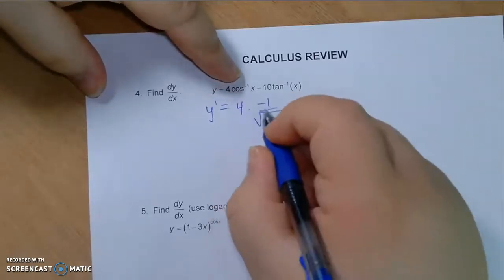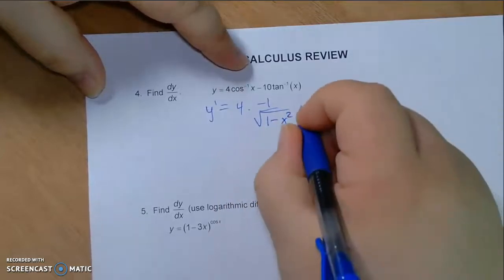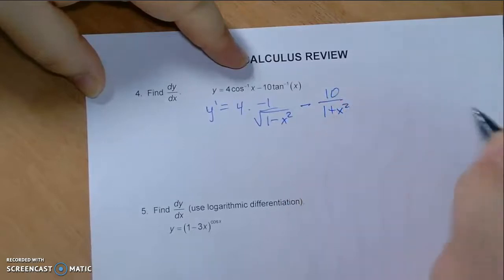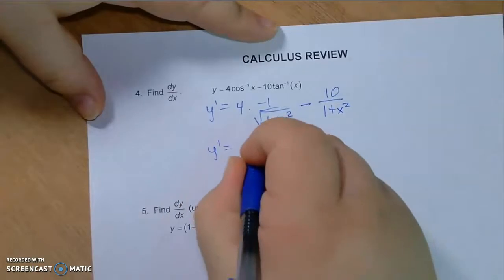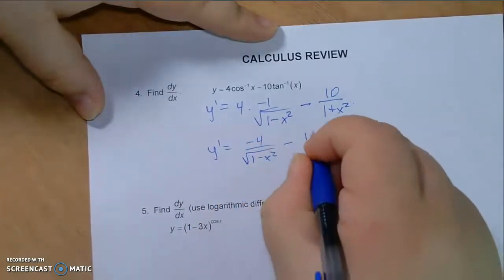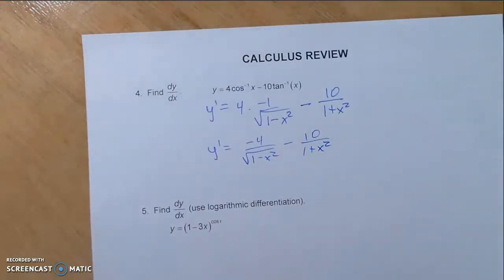So inverse cosine is -1 over the square root of 1 minus x squared. We have minus 10 over 1 plus x squared. And simplifying, there's nothing fancy, I don't think, in simplifying these. Let's just double check after we rewrite it. And yeah, there's nothing there that I see.